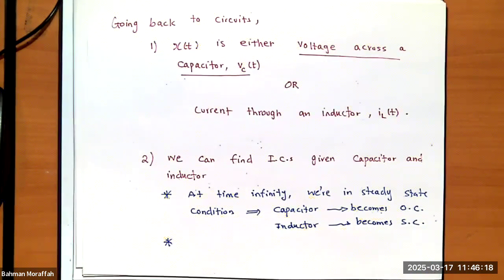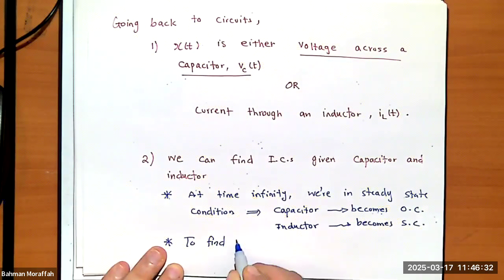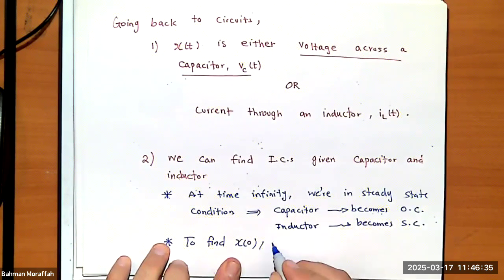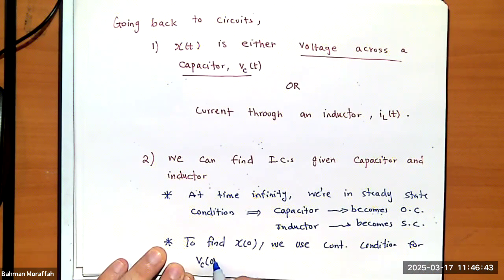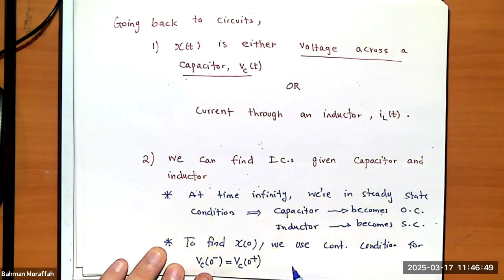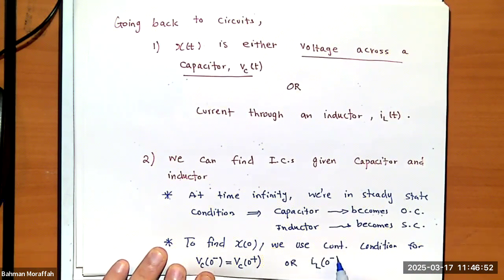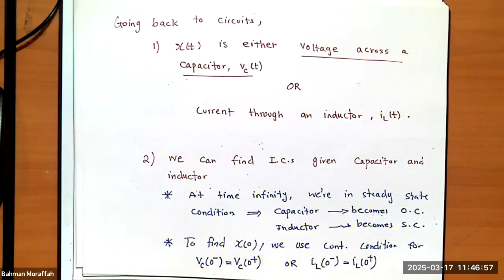How about at time 0? Well, to be able to find the initial condition at time 0, we're going to have to use the continuity of voltage across the capacitor or current through the inductor. So to find x at time 0, we use the continuity condition for Vc at time 0 negative, which is the same as Vc at time 0 plus, or IL at time 0 negative is the same as IL at time 0 plus.